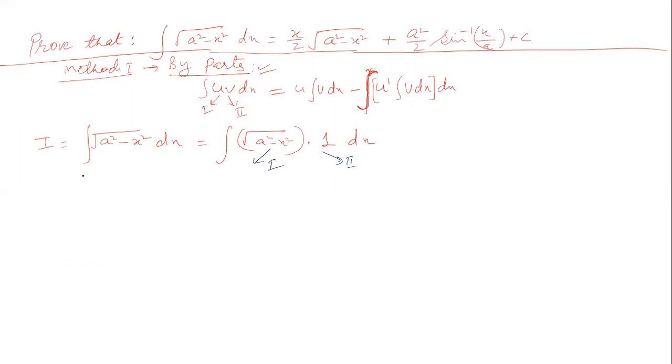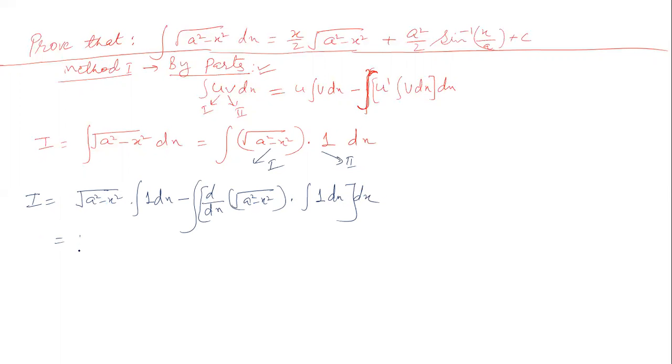So using by parts method, we can write I equals first function as it is into integration of second, minus differentiation of first function into integration of second function and its whole integration.